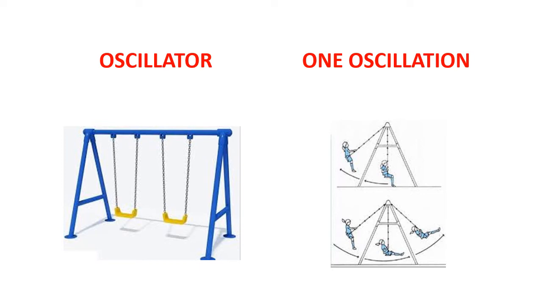When the swing moves from one end to the other end and it returns back to the original position, this is called one oscillation. You start from this point, you leave it, and then it comes back to the original position. That is one oscillation.